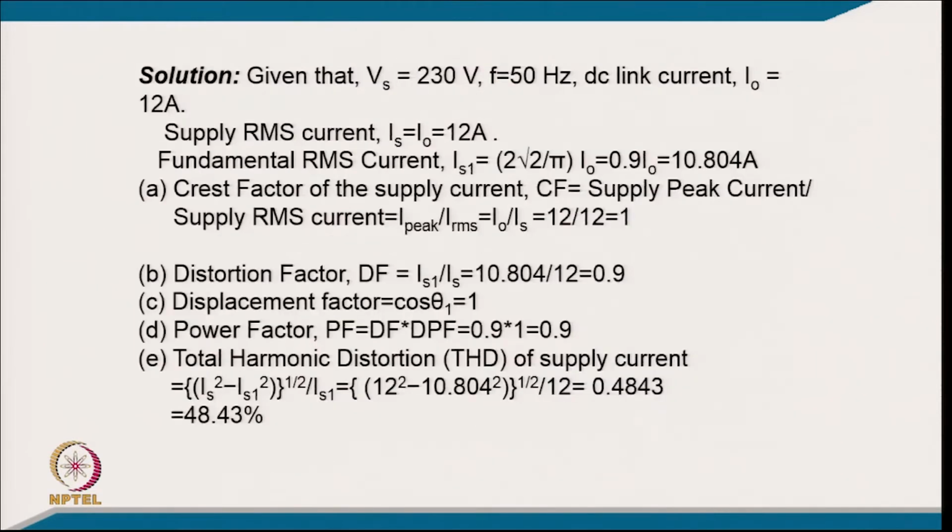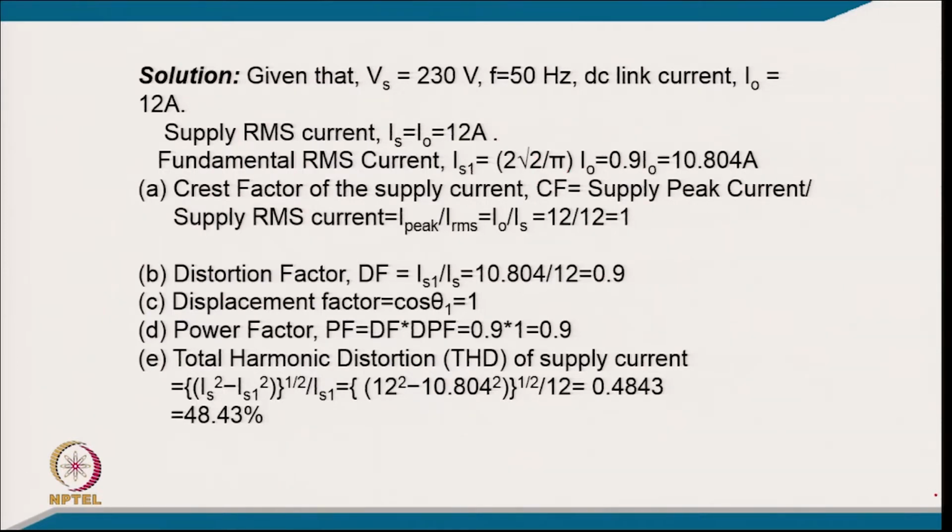So, coming to the numerical part of it, given that the supply voltage is 230 volt, frequency 50 hertz and DC link current of 12 ampere. So, the supply RMS current, in case of a square wave, if you take the integration and take the average, comes the same as the DC side current. So, it is 12 ampere, and the fundamental of this square wave is 4 upon pi into I, that is the peak, but divide by root 2 if you take it.